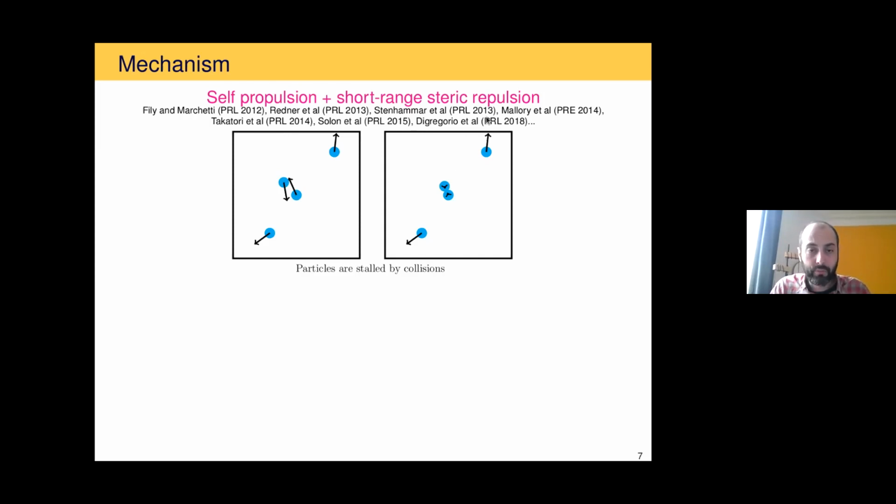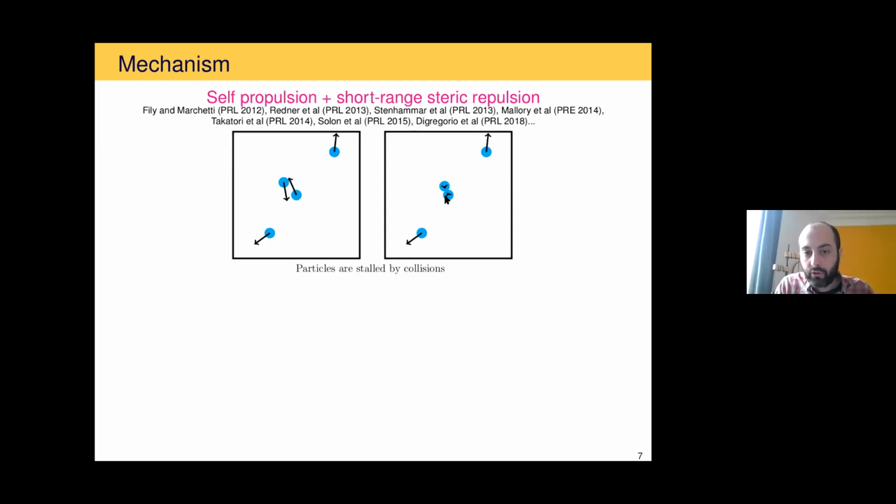And so MIPS appears because of the following mechanism. When you have two particles that encounter face to face, they are persistent, like I told you. So they are not going to bounce off each other. They will keep trying to move in the same direction for some time. And so actually they will get stuck one in front of the other and they will stop moving until one of them reorients and moves away.